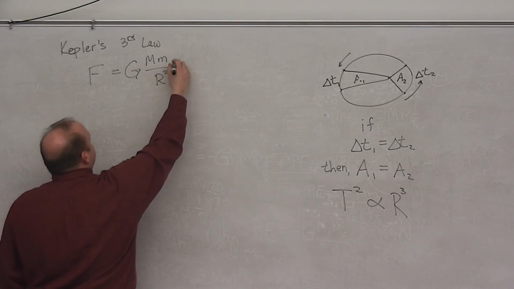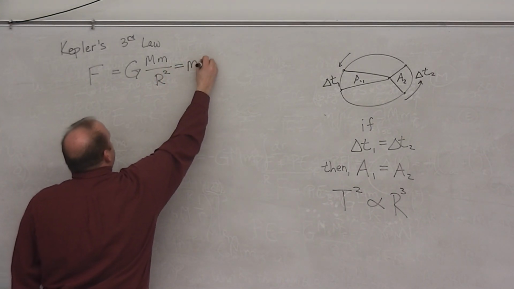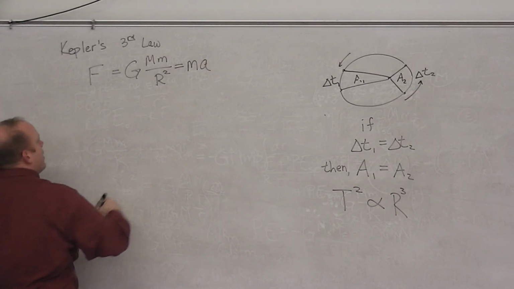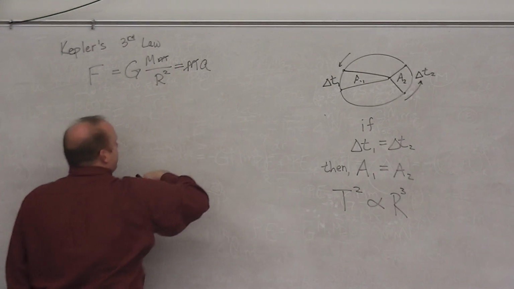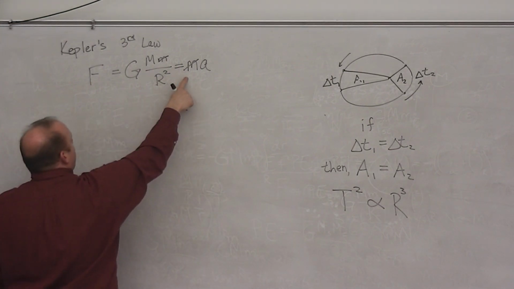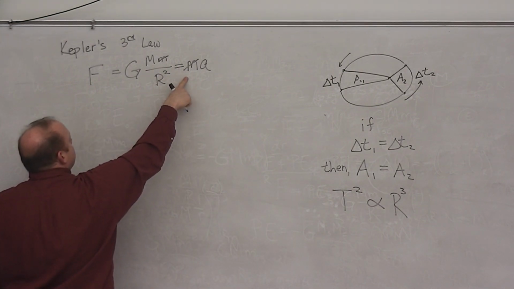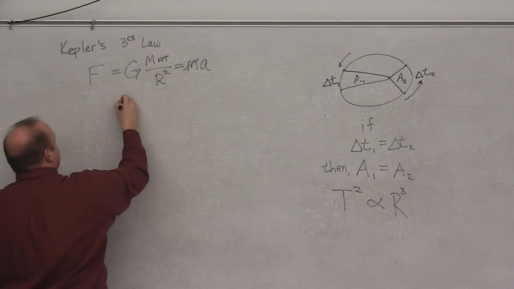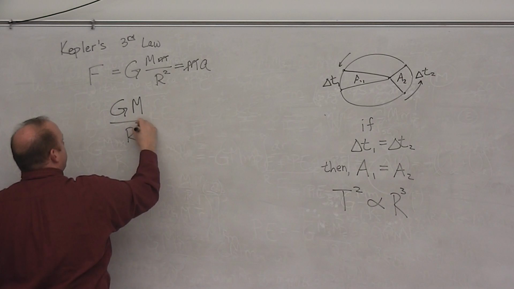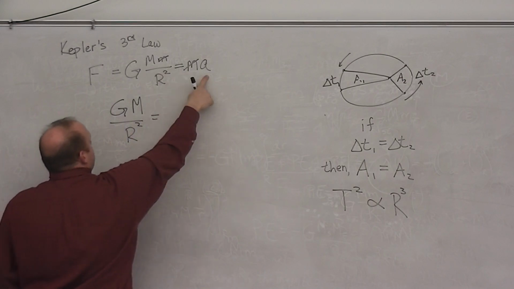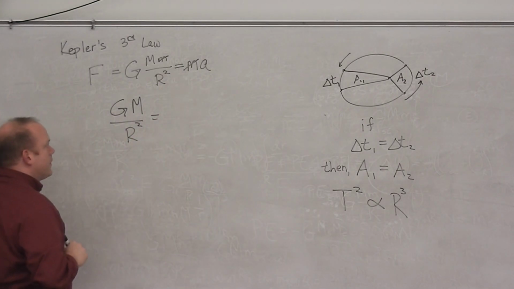So now, this is the force. Force is equal to mass times acceleration, and this is on the object that's orbiting. So now the little m's drop out, and big G, big M over r squared equals the acceleration.